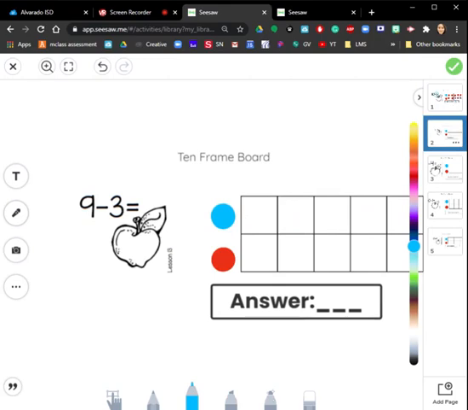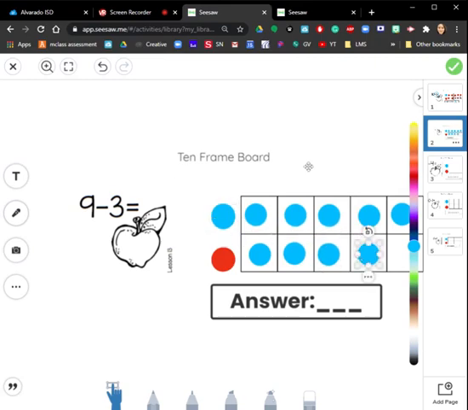Let's go to the next one. This problem says 9 minus 3. Let's use the blue dots this time. 1, 2, 3, 4, 5, 6, 7, 8, 9. So there are 9 blue dots. And our problem says 9 minus 3, so we have to take away 3 of them.